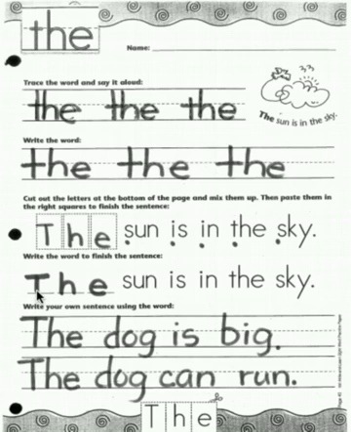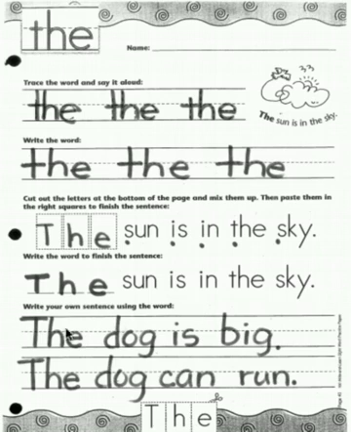Okay, the sun is in the sky. Again, we capitalize the T in the because it's at the beginning of my sentence. And I put a punctuation mark at the end of my sentence, and that's my period.